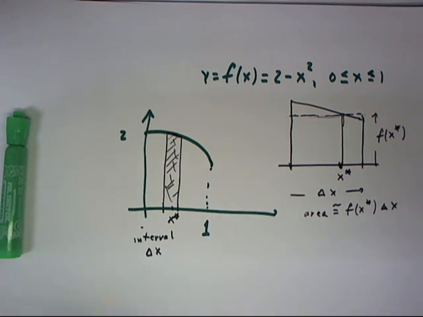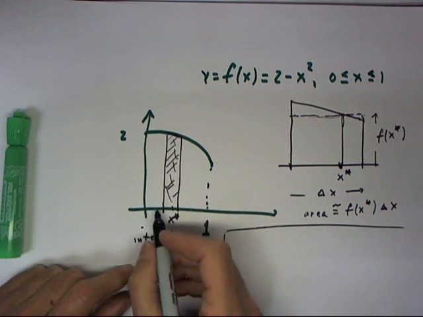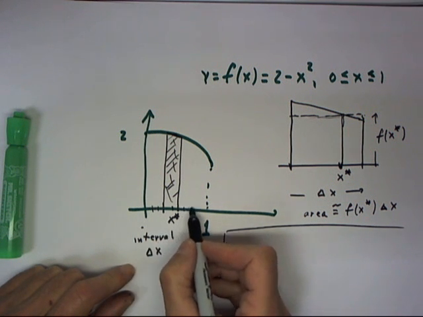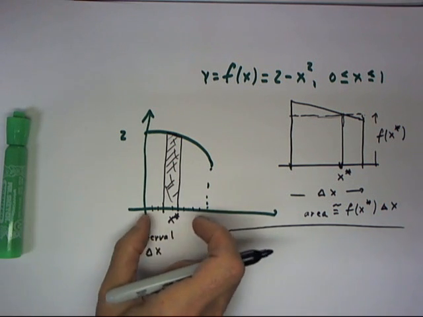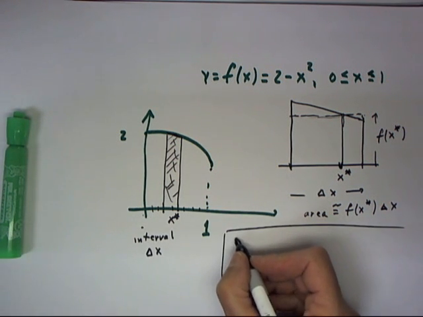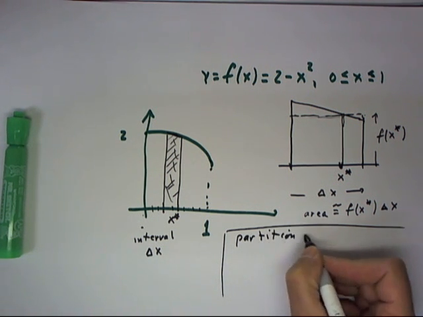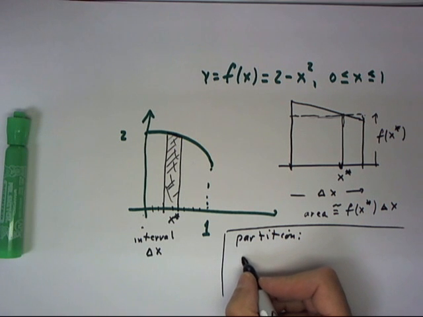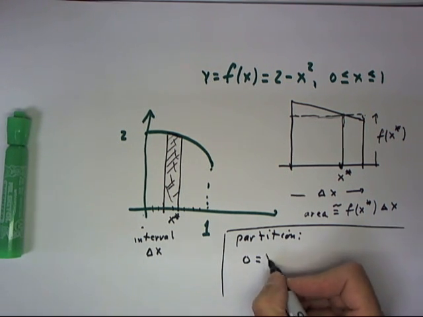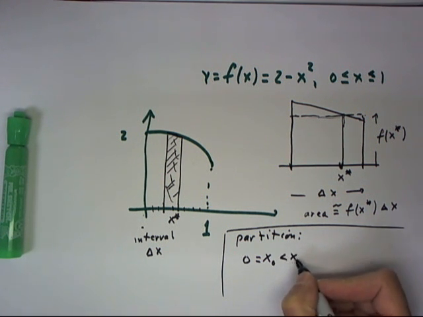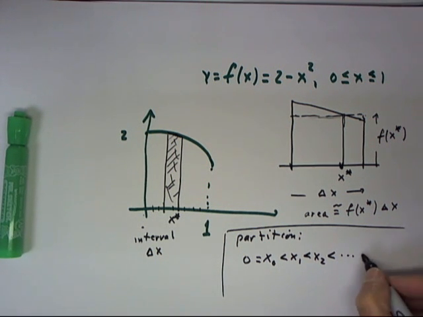To construct the integral, we partition the interval between x equals 0 and x equals 1 into a series of subintervals. So we partition. And our partition consists of point 0, which is going to be x0, less than x1, less than x2, and so forth.